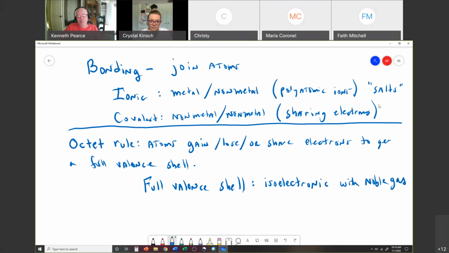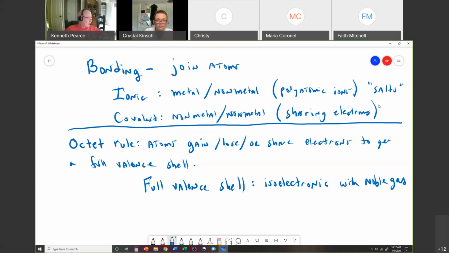All it means is that you have the same number of electrons as a noble gas. And if you have the same number of electrons as a noble gas, you also have the same electronic configuration, because electronic configuration is generally driven by how many electrons you have. If you have your periodic table, you'll see that argon has 18 electrons. So if you end up with 18 electrons by either gaining, losing, or sharing, guess what? You're isoelectronic with argon, and you now have a full shell.